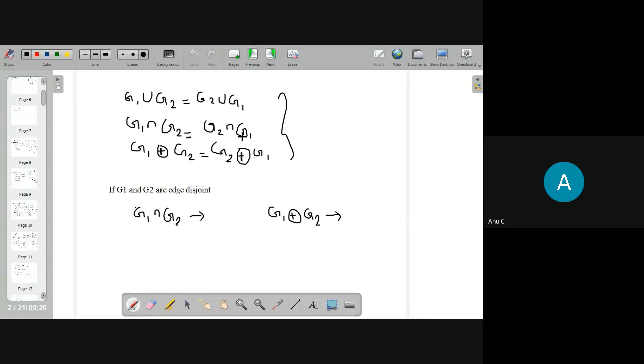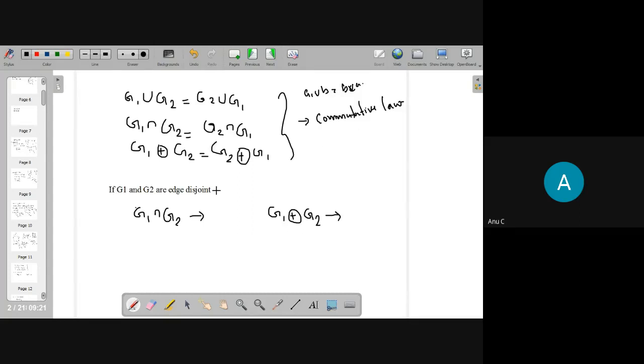Okay, so which law is this? A union B equal to B union A. It is the commutative law. Just note down this.